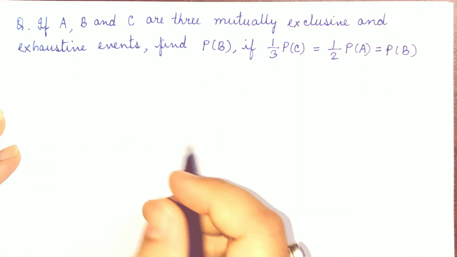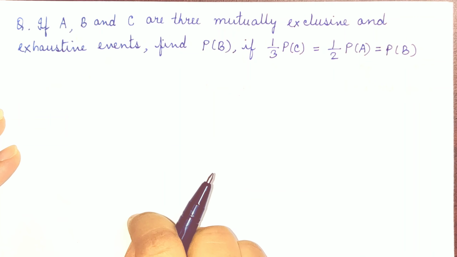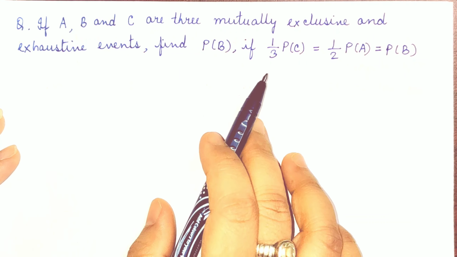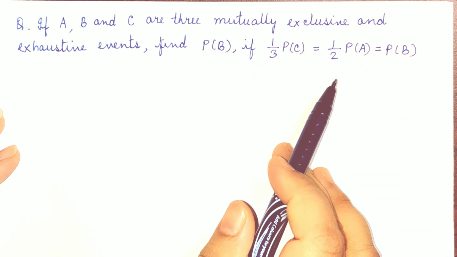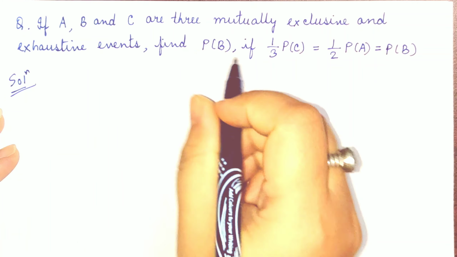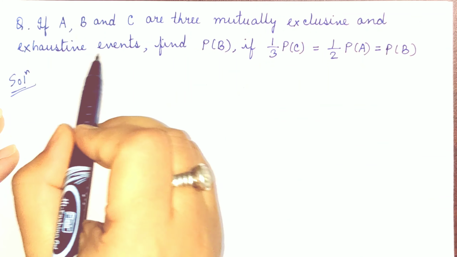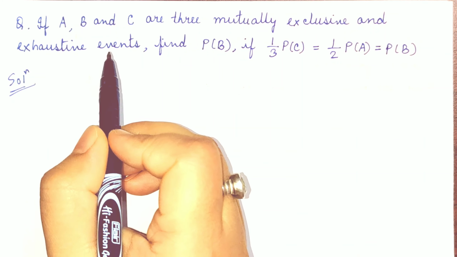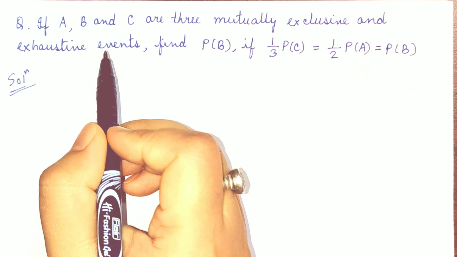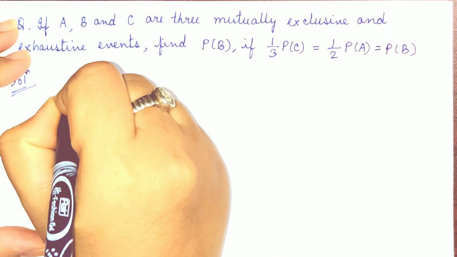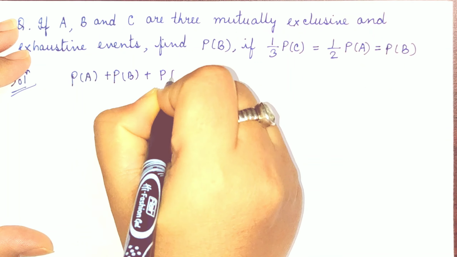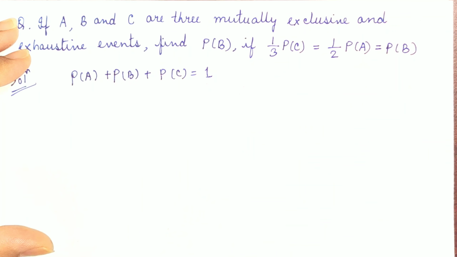If A, B, C are 3 mutually exclusive and exhaustive events, find P(B), if 1 by 3 P(C) equal to 1 by 2 P(A) equal to P(B). Since these are mutually exclusive and exhaustive events, the sum of all the 3 events P(A), P(B) and P(C) will be equal to 1. P(A) plus P(B) plus P(C) equal to 1.